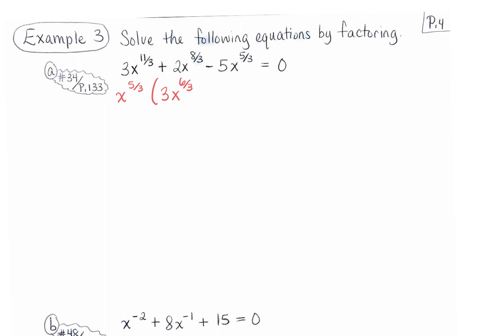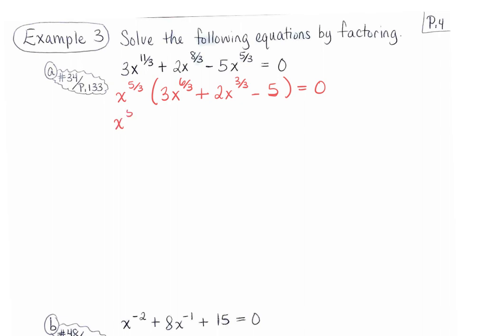So we continue, plus 2x. And now this exponent, remember we want it to add up to 8/3. We took out 5/3, so that leaves 3/3. Minus 5, because we factored out the x to the 5/3. That quantity times x to the 5/3 is equal to 0.